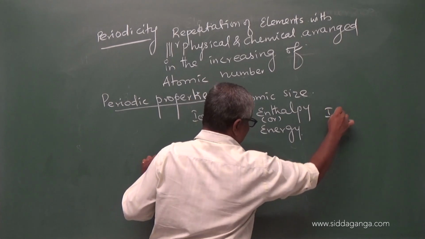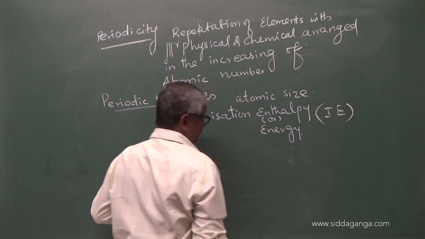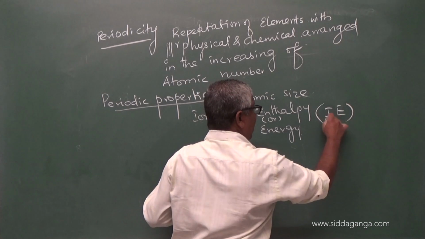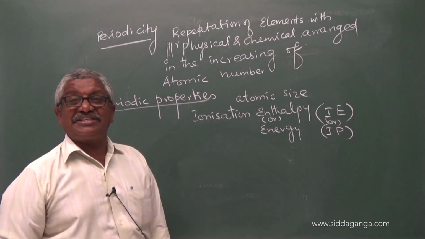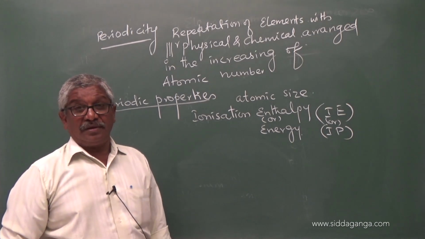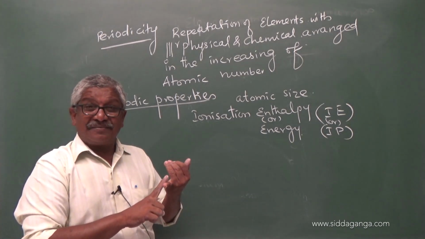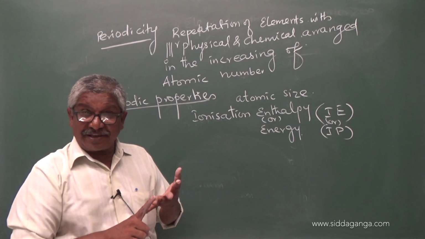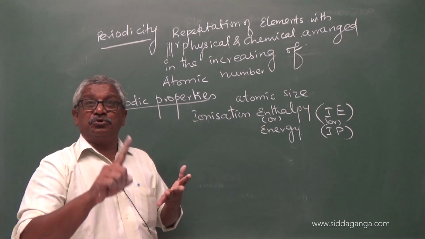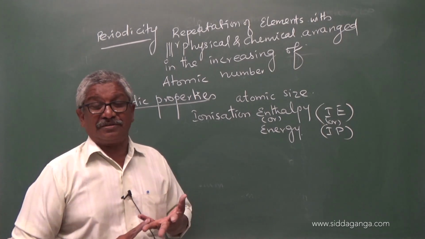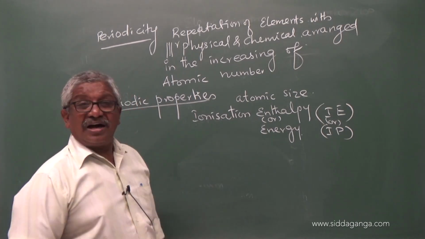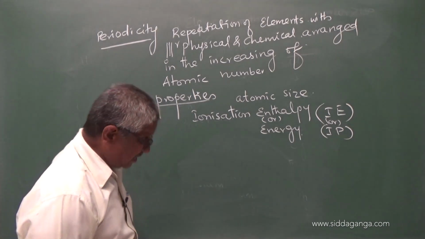It can be written as IE or IP. IP means ionization potential. Enthalpy means total heat content; in thermodynamics the word comes.